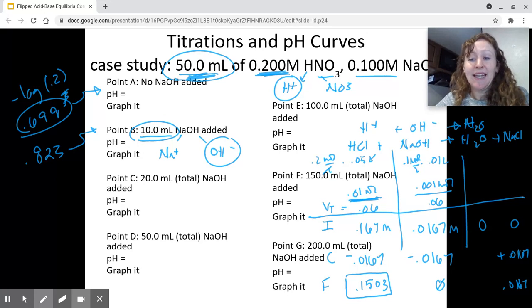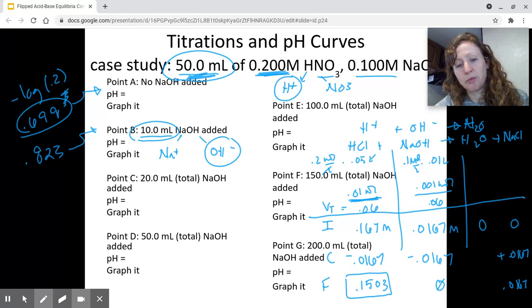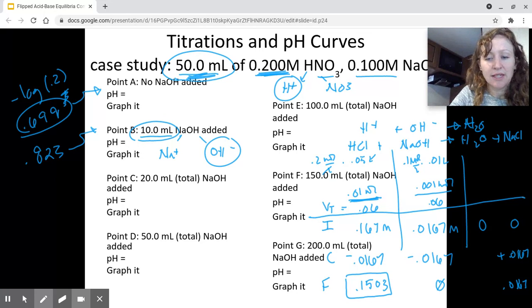Okay, now moving on, it's going to look very similar. HCl will actually have the same starting concentration every time. Oh, nope, it won't, because our volume is going to change. So we can tweak this slightly.